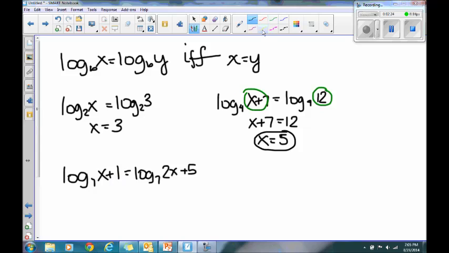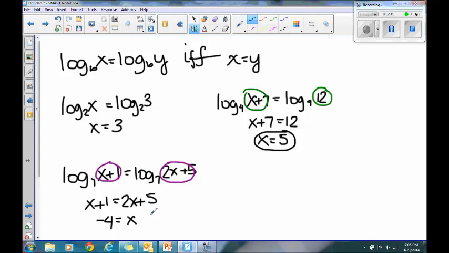Then log of this can only be equal to log of that if this is equal to that, meaning if x plus 1 is equal to 2x plus 5. Now when I solve this equation for x, I move the x's to the right, I subtract 5 from both sides, and I find out that x is equal to negative 4.